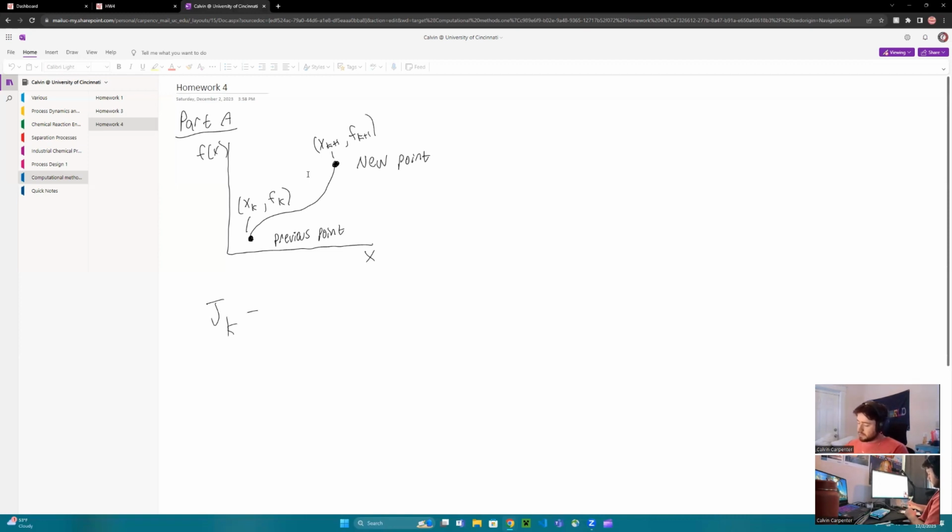j of k equals f of k plus 1 minus f of k over x of k plus 1 minus x of k. So if we have the previous point in the function, then we can determine the new point in the function.